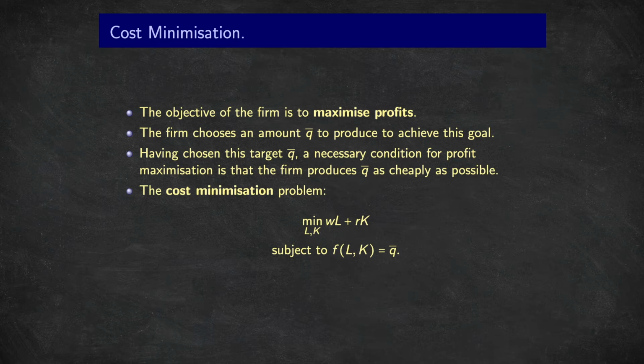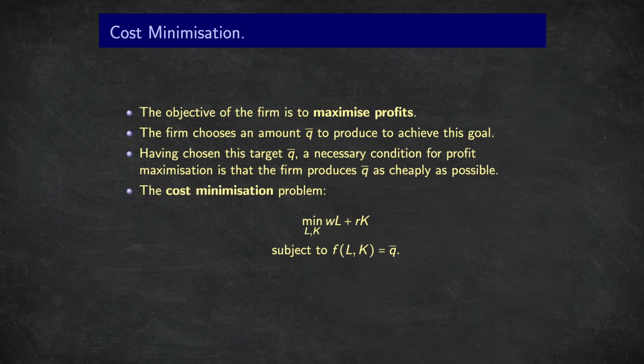So I take a target level of output Q bar and then find the cheapest way of producing that target level of output. Mathematically, we can write the problem: minimize, by choosing L and K, the cost W times L plus R times K, subject to the constraint F of L, K. So if I plug these values into the long run production function, out pops the target level of output, Q bar. That's a mathematical way of describing the cost minimization problem.